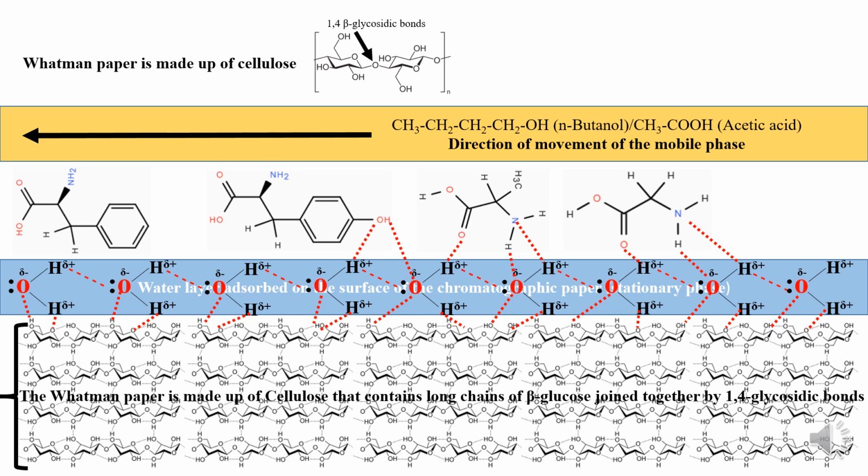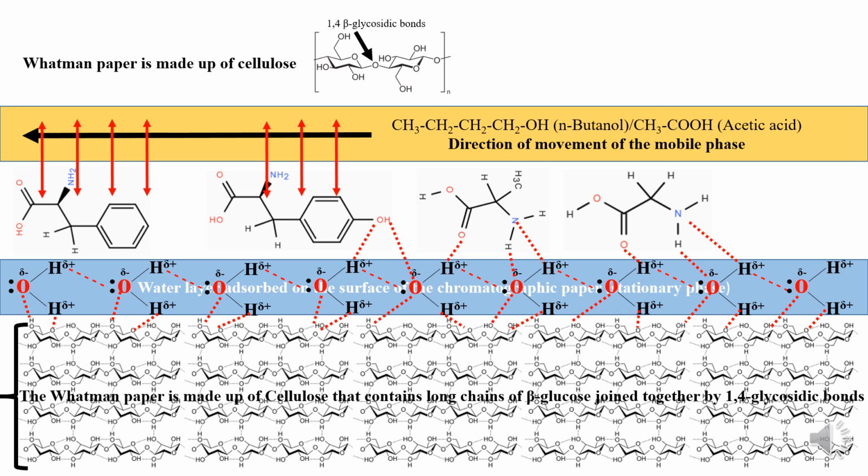While the phenylalanine has traveled a longer distance because of its lesser affinity towards the liquid phase. So the van der Waals attraction between the tyrosine and phenylalanine is what drags the molecule further. So there are two forces in operation here. One is the hydrogen bonding, the other is the van der Waals attraction.